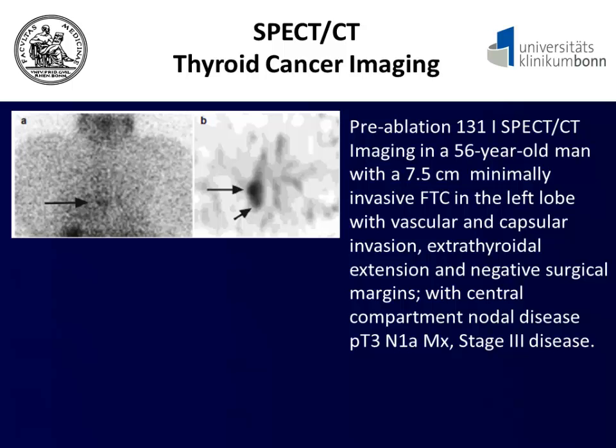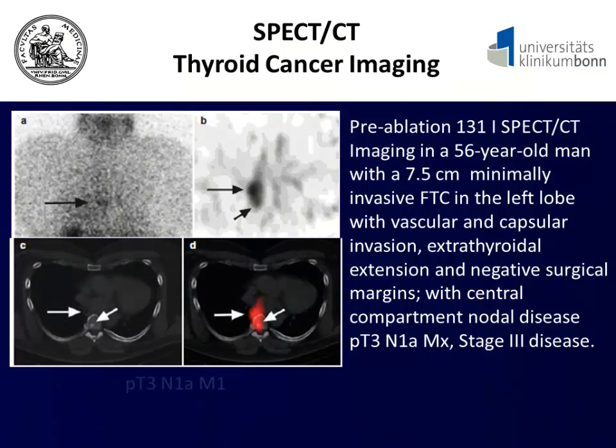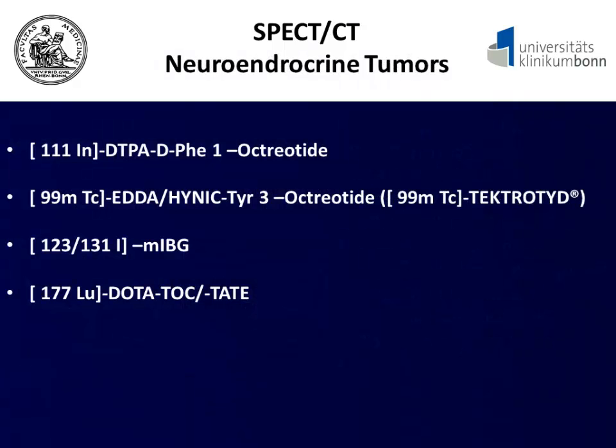You see here a faint accumulation in the mediastinal region, and in SPECT you also see a hot spot, but with SPECT CT you can localize that this part of the accumulation is in the esophagus. It means it is physiologic, but the other part is in the bone, and you find a bone metastasis.